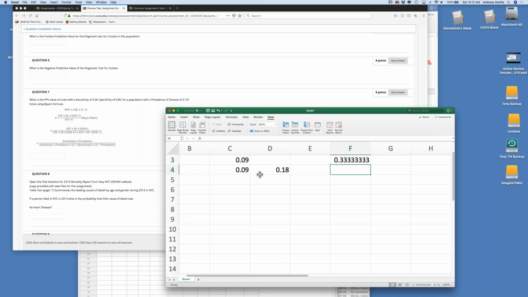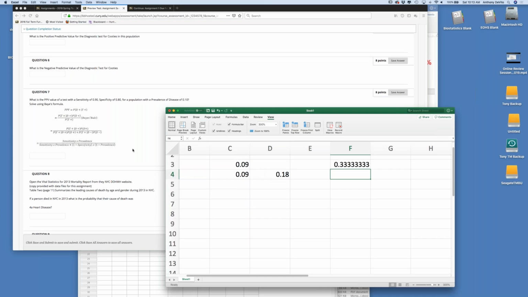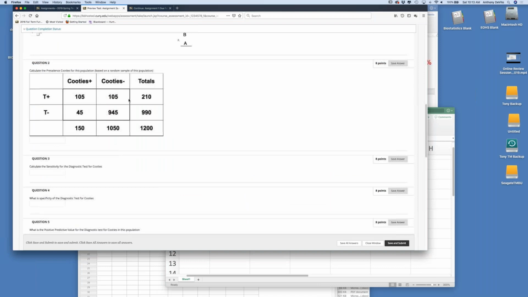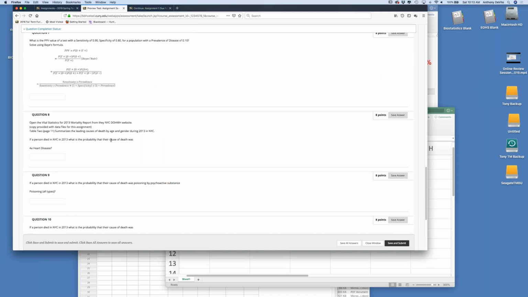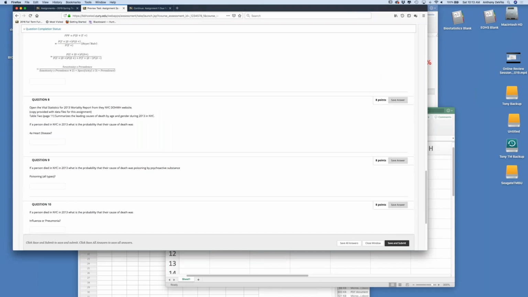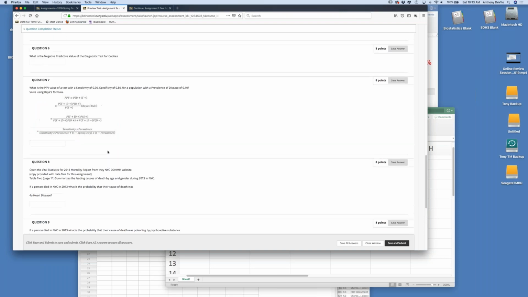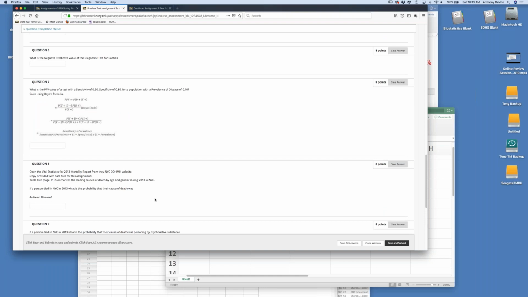You could also, if you wanted to, just build a table like we did up here. Say you start with 1,000 people and the prevalence is 10%. That means 100 of them have the disease and 900 of them don't, so you have your bottom row there. If the sensitivity is 90%, out of those 100 people I'm going to get it right for 90 people and wrong for 10 people, so you have the first column.